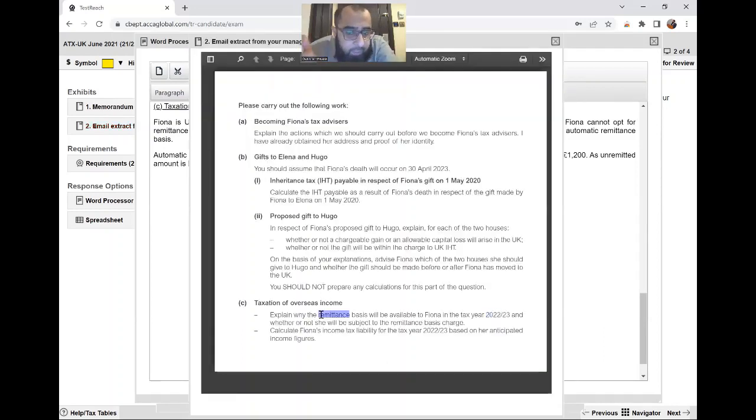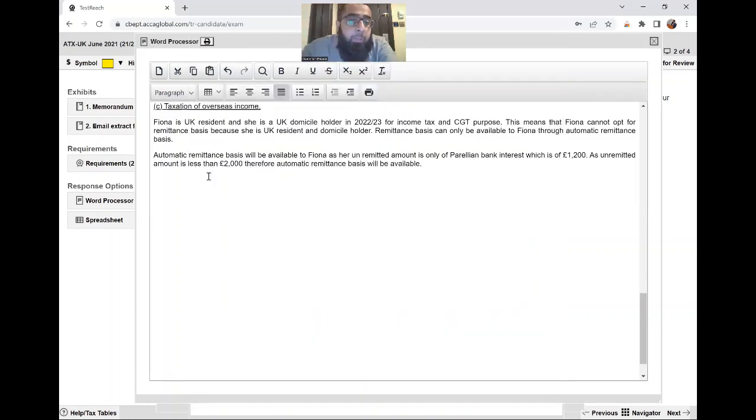Explain why remittance basis will be available. It will be available through automatic. And whether or not she will be subject to remittance-based charge. No, there will be no remittance-based charge. No remittance-based charge will apply on Fiona, as she is going for automatic remittance basis. In automatic remittance basis, there is no charge. The charge is on opting remittance basis.